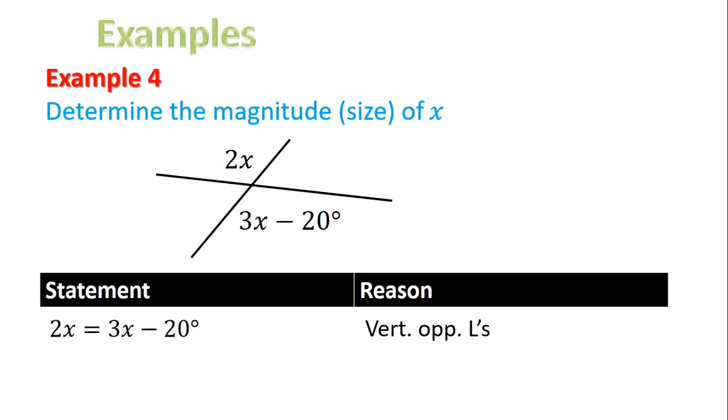And so 2x minus 3x gives us negative x, and that equals negative 20. Now I don't want negative x, I need x, and so I times or divide by negative 1, which means I get x equals 20 degrees. And that's my answer.